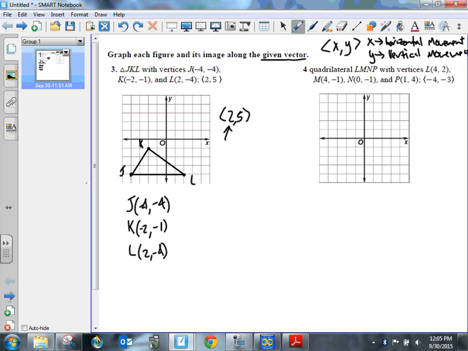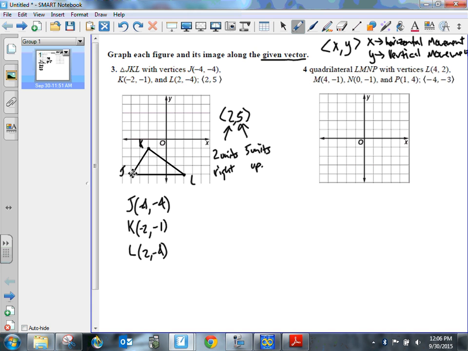The 2 represents that we're moving each point 2 units to the right, that's my horizontal movement. And the 5 represents that we're moving this 5 units up.